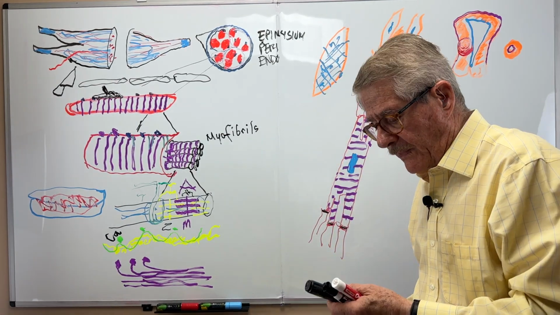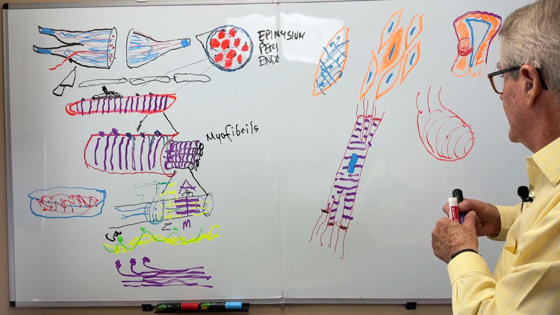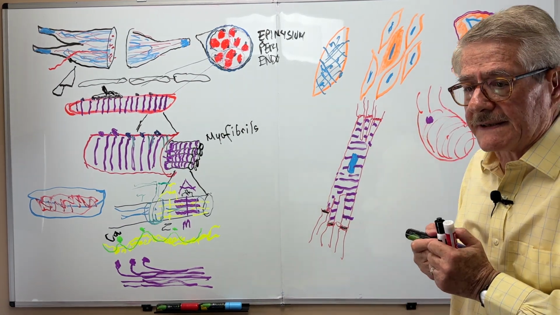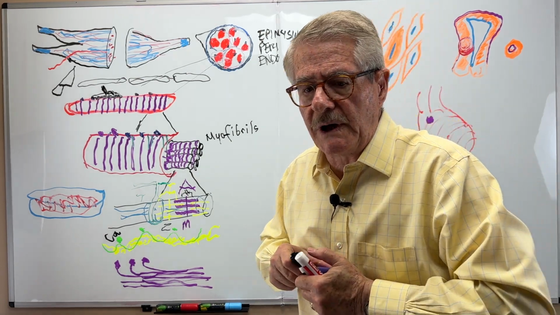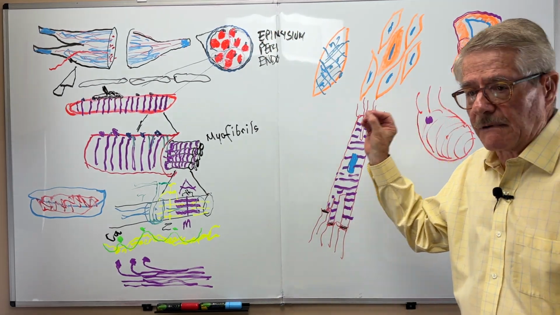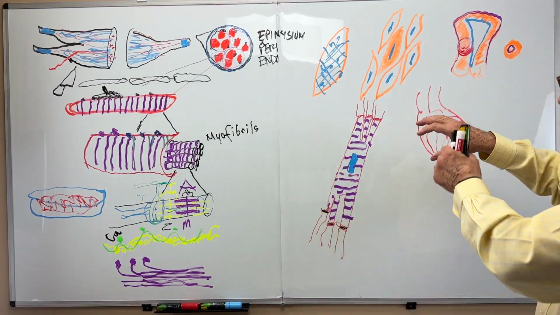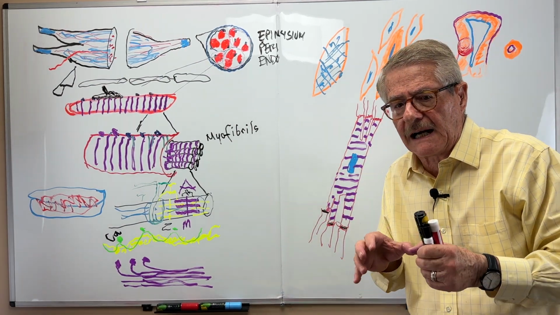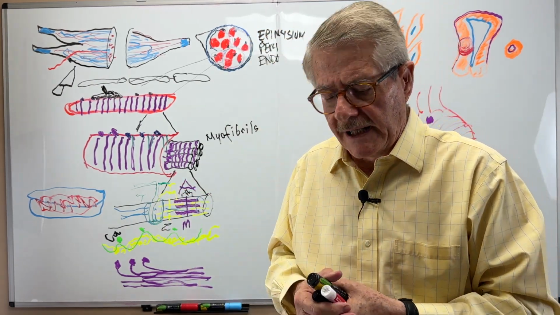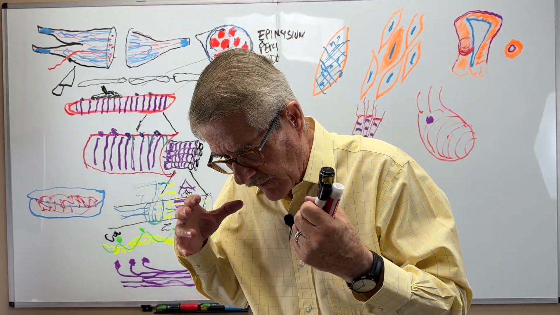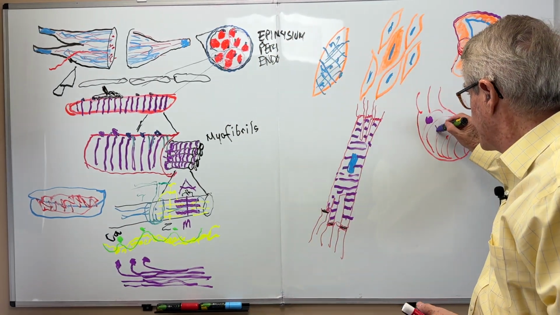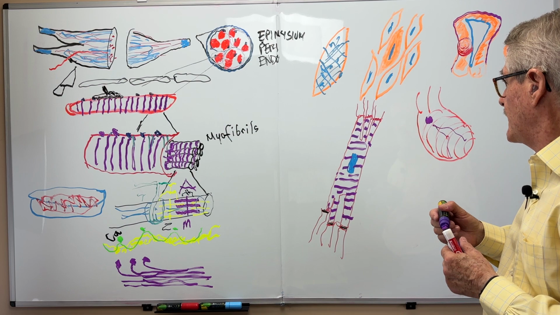Now, as you probably know, the heart has specialized muscle cells that produce its own impulse. That impulse, which is in the right atrium, will extend to the entire heart, and the heart will respond in a very simultaneous fashion, thanks also to specialized conductive cells called Purkinje cells.